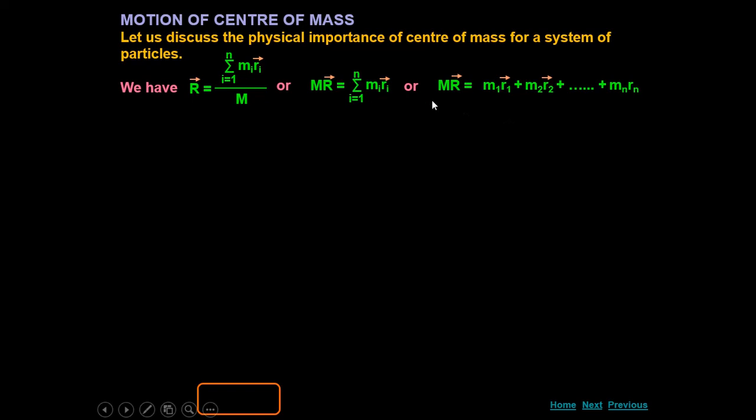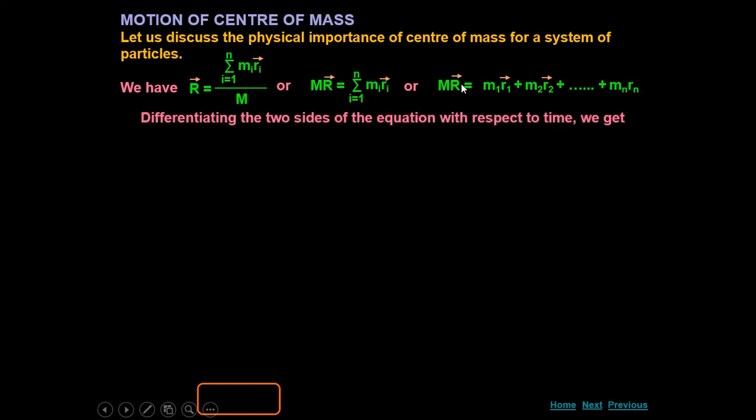And if you write this value without the summation symbol, if you remove the summation symbol, you have to expand it like this: m1 r1 plus m2 r2 plus m3 r3 up to mn rn.